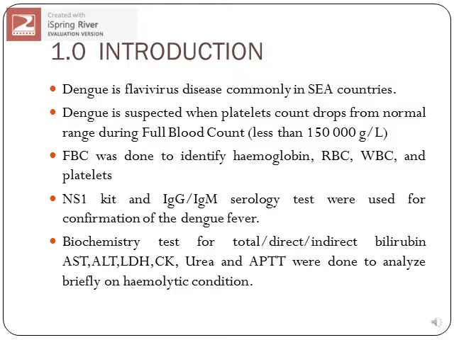The other tests included in my case study are biochemistry tests, where we identify the total, direct, indirect bilirubin, AST, ALT, LDH, and CK. Also included were urea and APTT, done to briefly analyze the hemolytic condition.